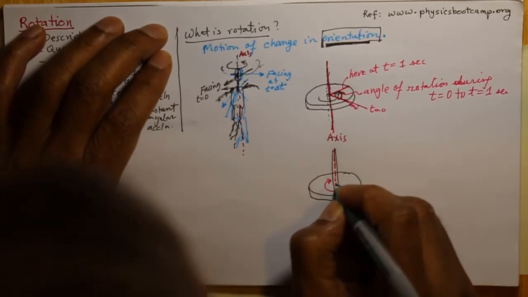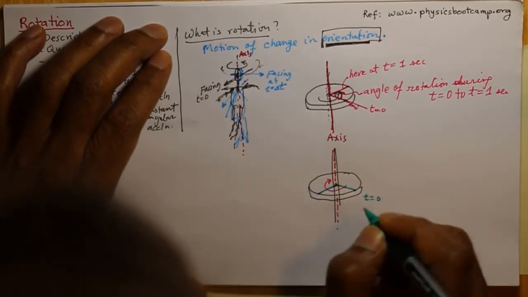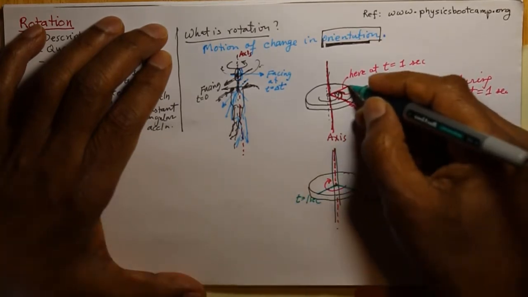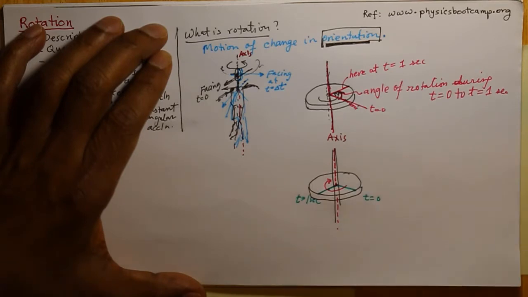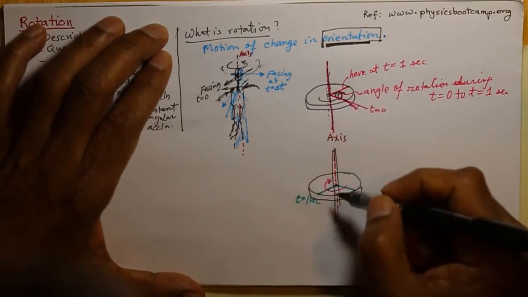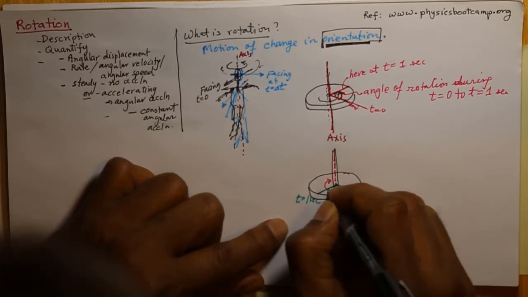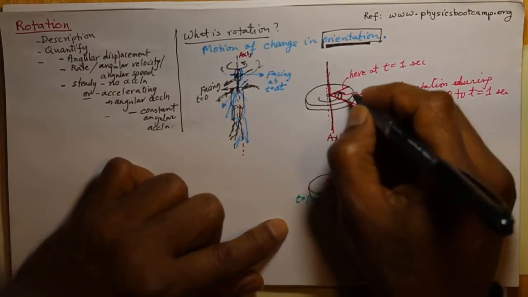Well, this marker will be out here at t equals 1 second. So this definitely is different than that. You want to be able to tell how you rotated. You might have rotated the same degree, but you went in a different direction.